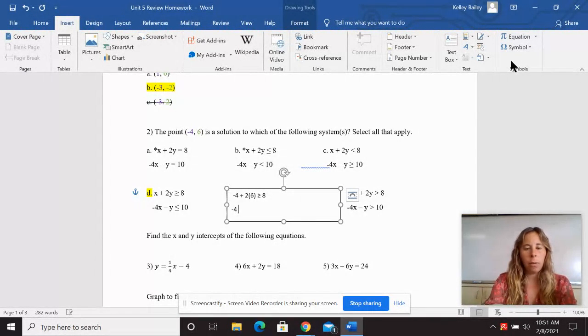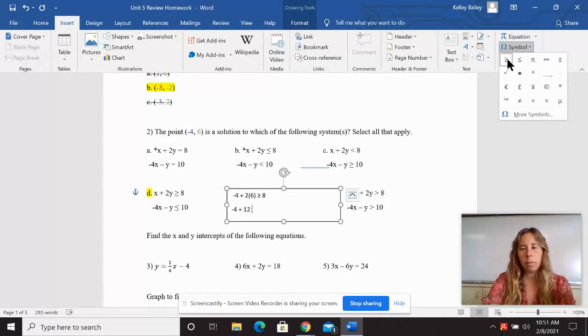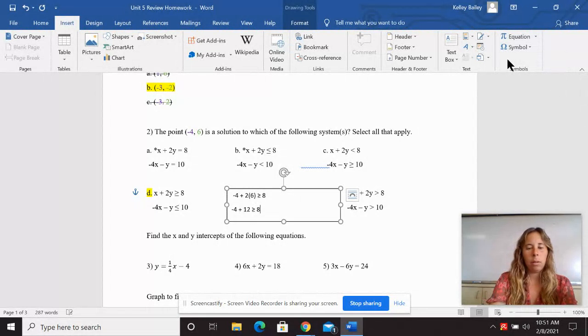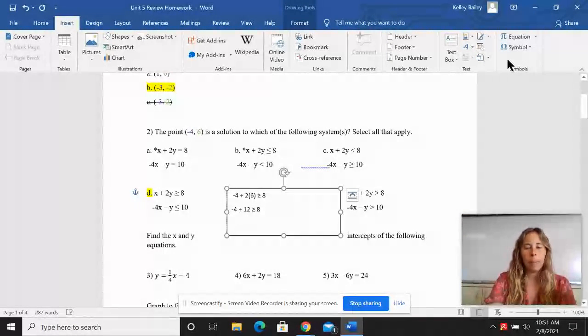So you get -4 plus 12, greater than or equal to 8. -4 plus 12, so you get 8 is greater than or equal to 8. And so that is true. It's not greater than 8, but it is equal to. So that's why this is the only other one that works.